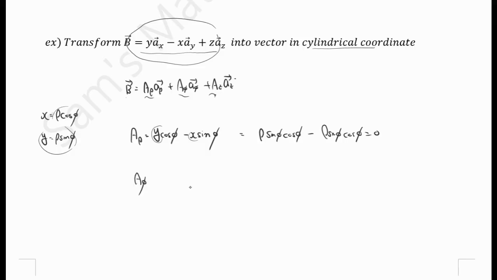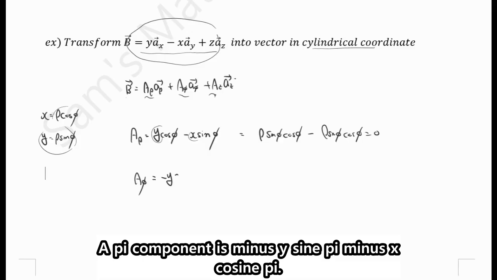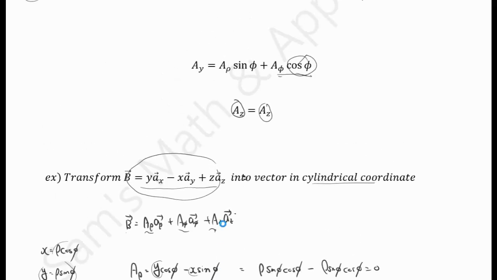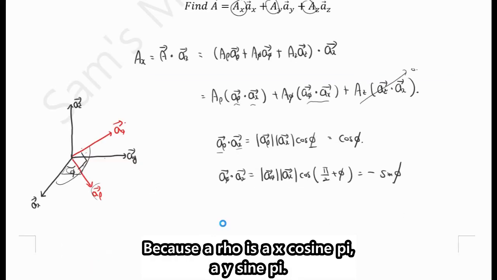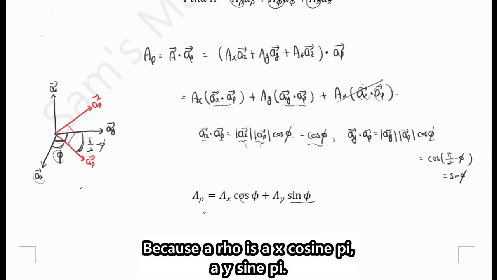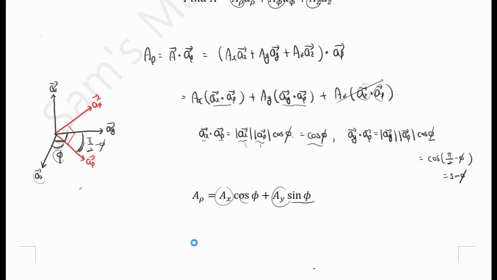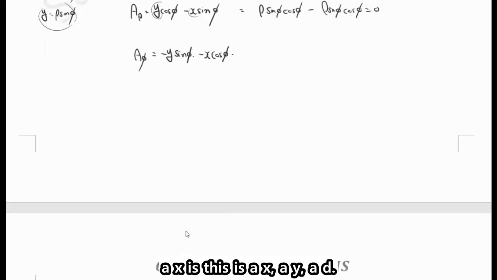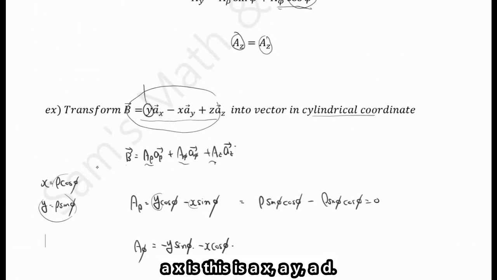The Aφ component is minus y sine φ minus x cosine φ, right? Because Aρ is Ax cosine φ plus Ay sine φ. Ax is, this is ax, ay.